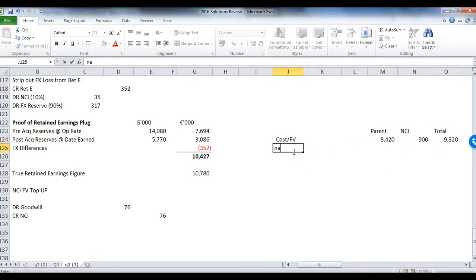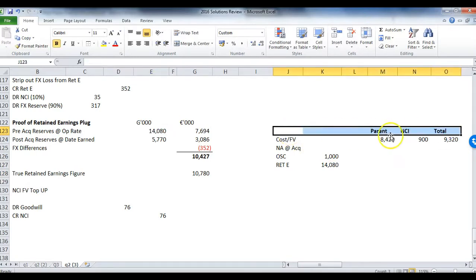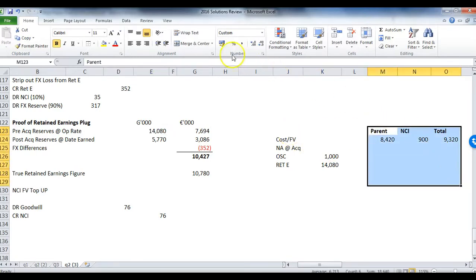Now we want the net assets at acquisition. And again, it's only represented by ordinary share capital and retained earnings. The ordinary share capital would have been 1 million. And the retained earnings at the date of acquisition was 14,080, as we've done in the question before.